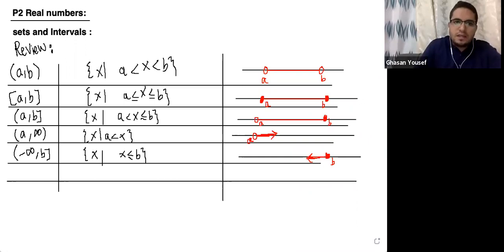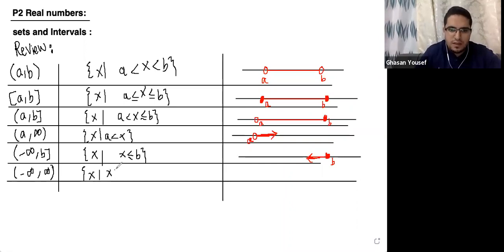The last notation is from minus infinity to infinity. This means all values x such that x belongs to the real numbers, all real numbers.